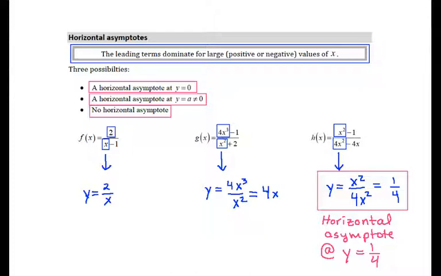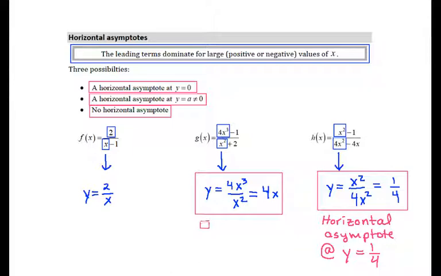Now, looking at the middle case next, y equals 4x is what I get describing the end behavior. Do you remember that when we looked at this graph, we zoomed way out and said, gosh, when you zoom out far enough, it looks like a straight line. When we zoom in a little closer, we can see that there's more going on. But when I zoom out really far, that looks like a straight line. Well, guess what? It actually looks like y equals 4x if you get out far enough. So this has the end behavior of a straight line, and a straight line does not have a horizontal asymptote.